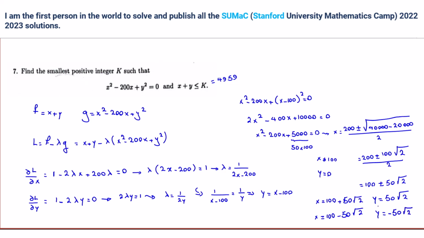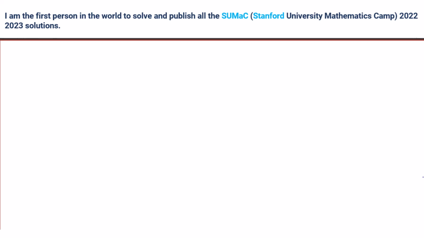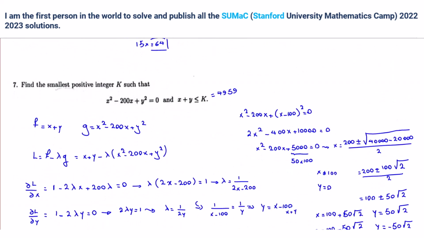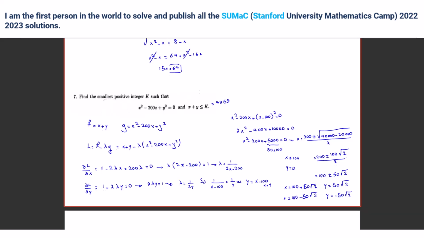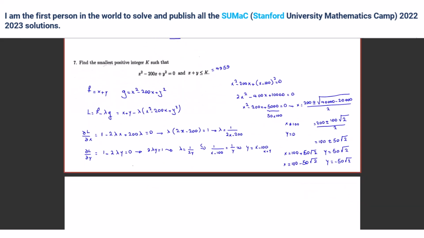X plus y in the first one is 100 plus 100 root 2. Because we should find the maximum of x plus y, since K is minimum and K should always satisfy that.